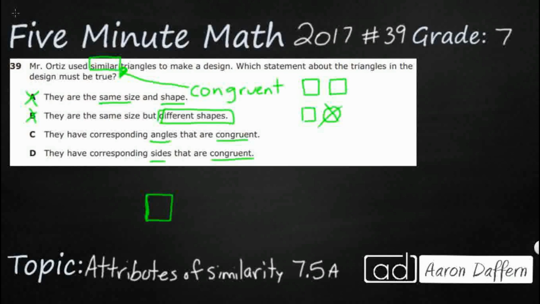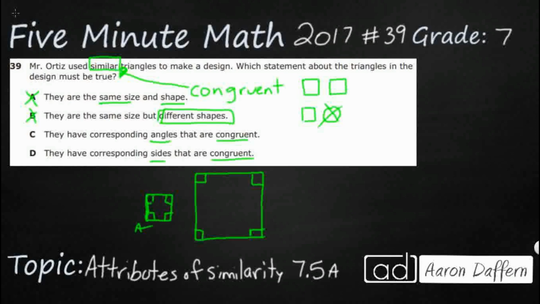This shape has 4 right angles. It's a square. And I'm going to draw just a bigger square like this. So the angles are congruent, corresponding angles.